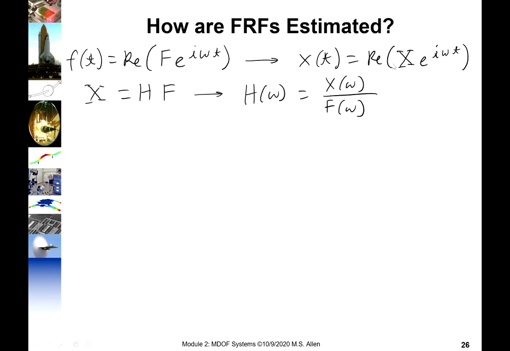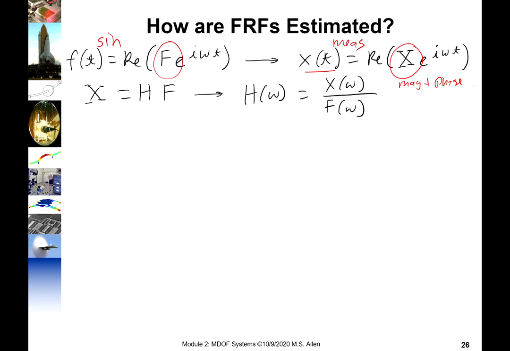So the simplest way that we could measure an FRF would be to apply a sinusoidal force, a sine or cosine here, with a known amplitude and phase, and then we could measure the response, and we could take that sinusoid and figure out its magnitude and phase, right?